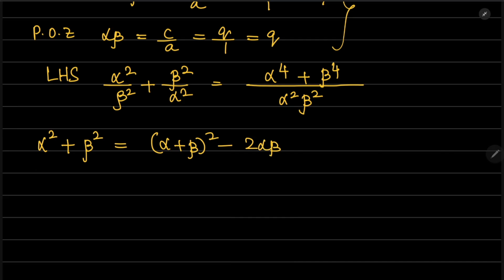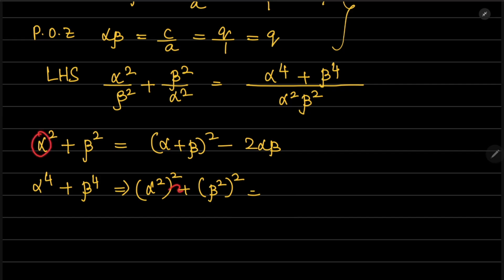I can write alpha to the power 4 plus beta to the power 4 as alpha square the whole square plus beta square the whole square. Now, in place of alpha, I have got alpha square.